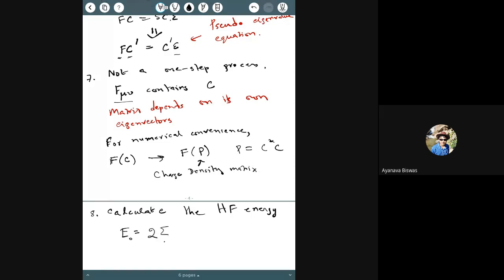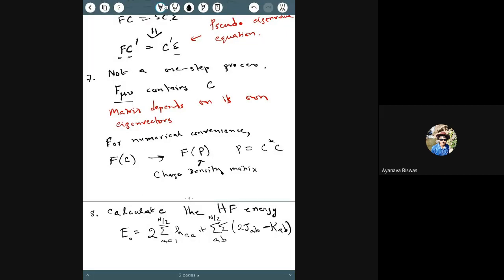So it is a sum from 1 to n by 2 of the one electron integral. These are spatial integrals. Notice the n by 2. Then you have a double sum over A and B up to n by 2, and you have 2 J_AB minus K_AB. So this is the Hartree-Fock energy.